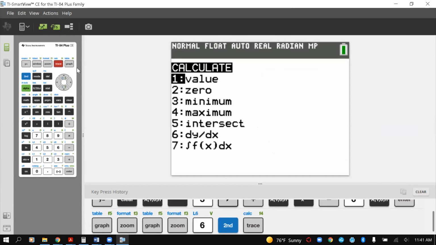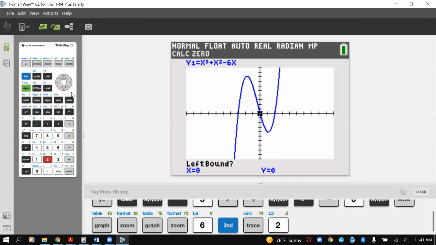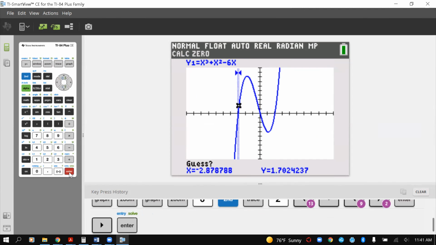That'll bring up your calculate menu for your graph, and option 2 is your zeros. And then you just follow the prompt. So this one, the 0, it just gives to you. But if you go left of where you think a 0 is, and then right of the 0, and then hit enter, boom, it'll give you the other 0.